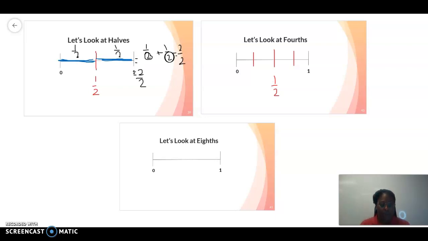Because remember, from here to here represents 1/2. Well, now that I've made my pieces smaller, my parts on my number line smaller, they represent fourths, okay? And you're going to see a fraction that's equivalent to 1/2.